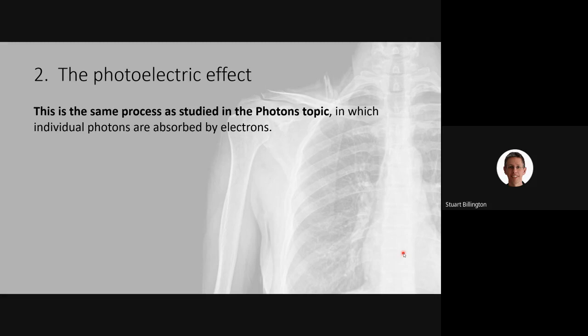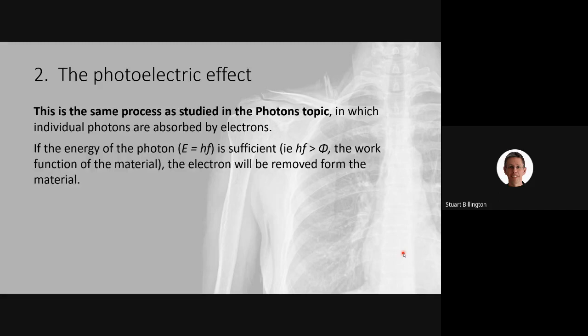It is the case that any photon can be absorbed by any electron and can release that electron from wherever it is. The electron in a metal surface will have a work function, but an electron in one of your tissues will have a work function as well.